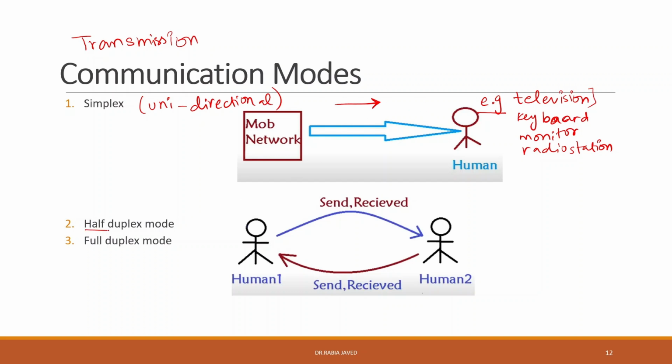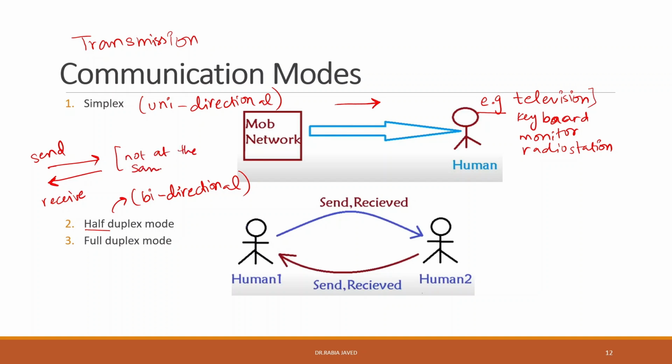In the half duplex mode, it is bidirectional, but not completely. It can send data and can also receive data as well, but there is a condition: not at the same time. It needs to take some pause or break in between.